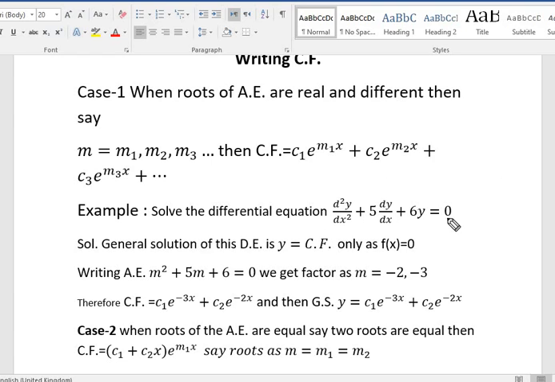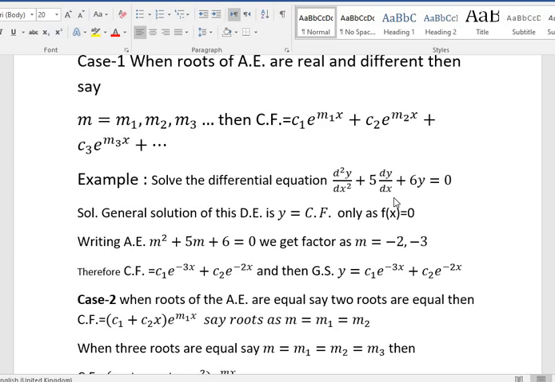Here f(x) is given as 0, so the general solution is y equal to the complementary function. When f(x) is 0, the general solution is y equal to complementary function. How to write it?